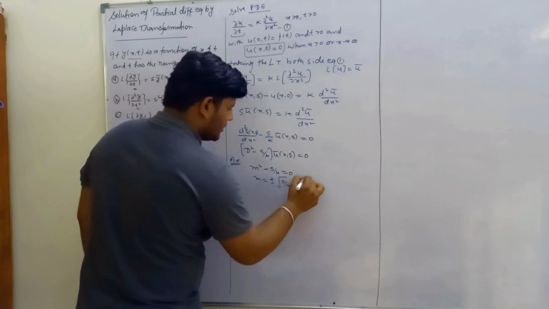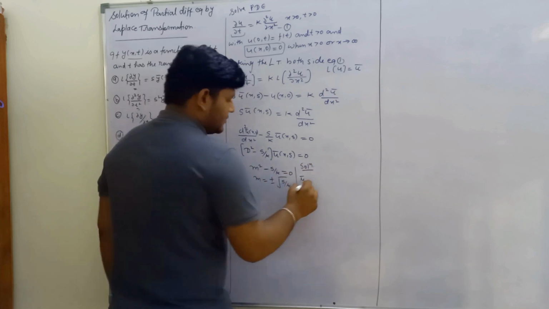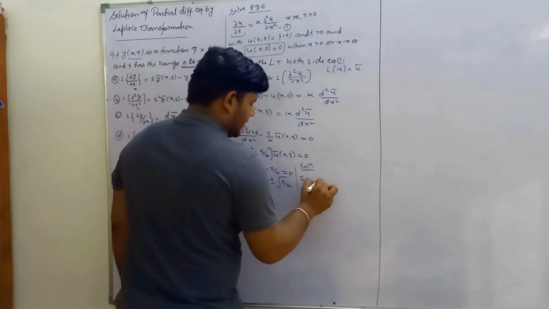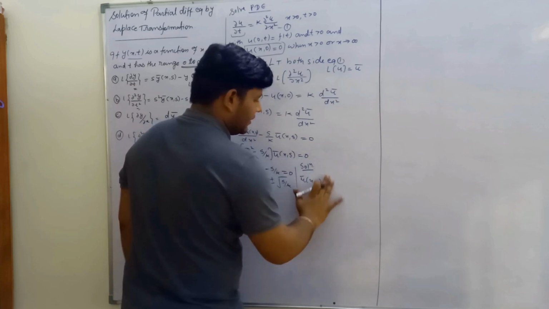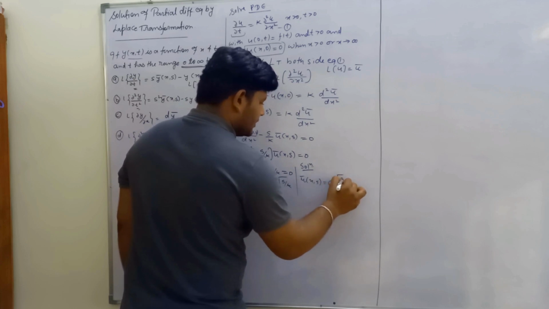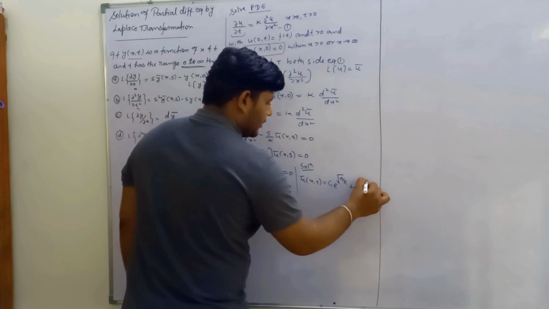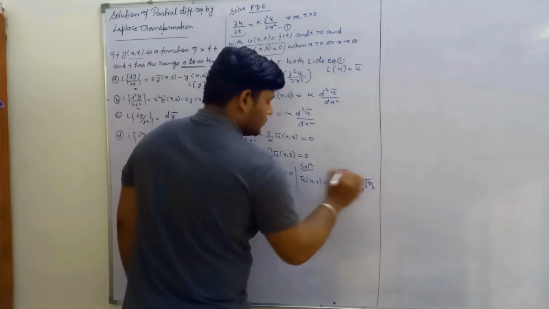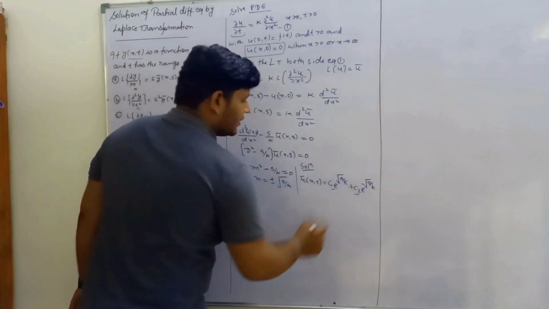Then the solution of this differential equation is u bar(x, s) equals c1, a constant, e to the power root of s by k times x, plus c2 e to the power minus root of s by k times x, and we have to calculate these values.